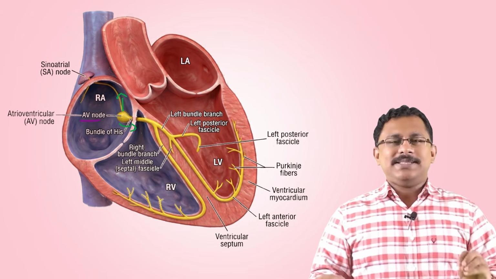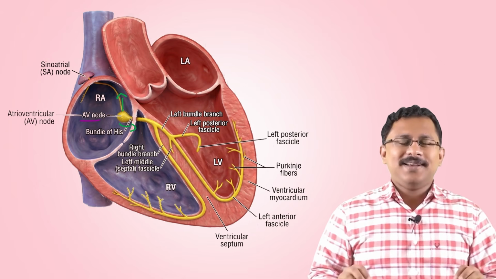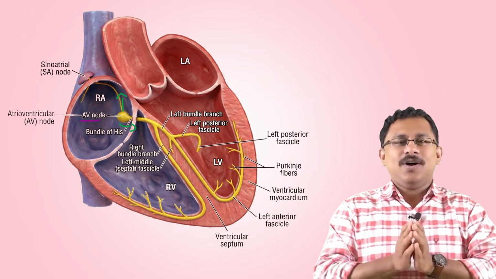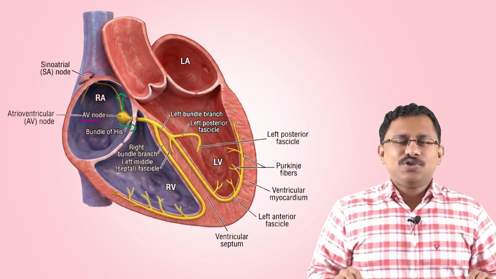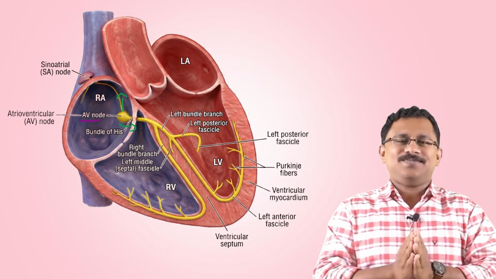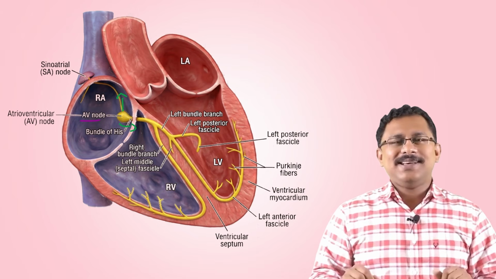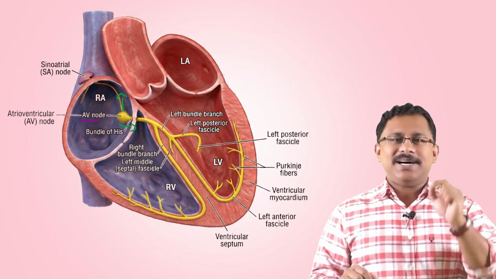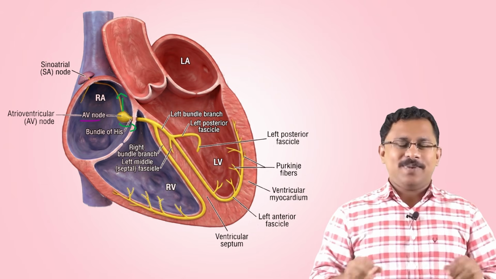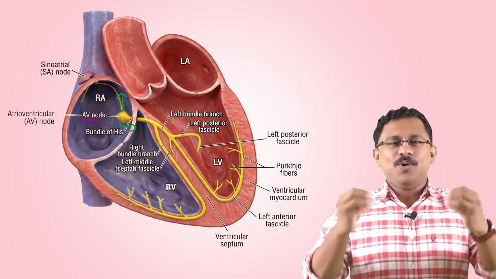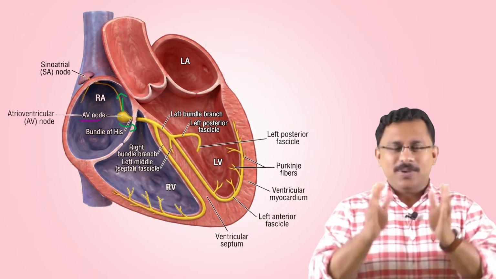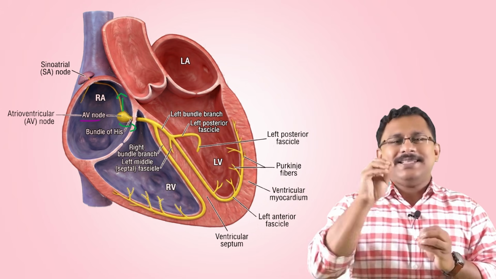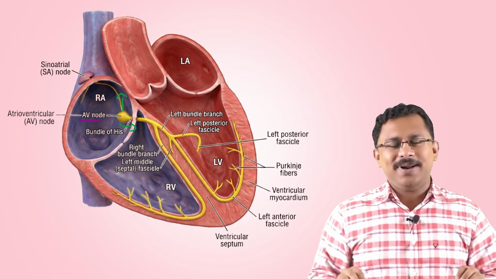So often what happens is, sometimes you can have the atrial depolarization and ventricular depolarization occurring simultaneously. Since the QRS complex is larger compared to the P wave, often the P wave will be submerged inside the QRS complex. Why? Because both the depolarizations are happening together. So you will have a QRS complex and the P will be mostly submerged inside it.